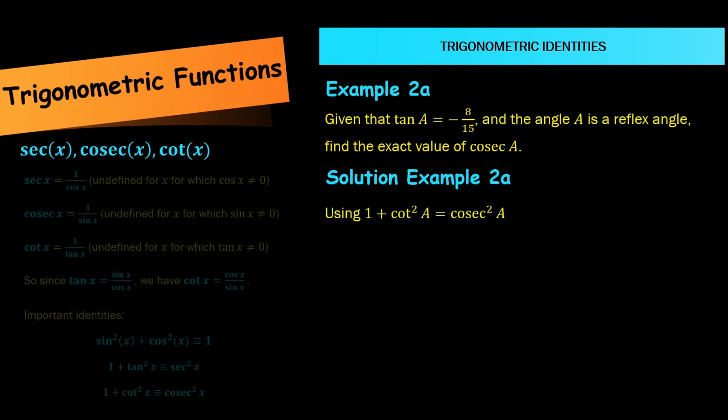We're going to begin by using the identity 1 plus cot²x is identical to cosec²x to give us 1 plus cot²A equals cosec²A. Since tan A equals minus 8 over 15, we have that cot A equals minus 15 over 8.